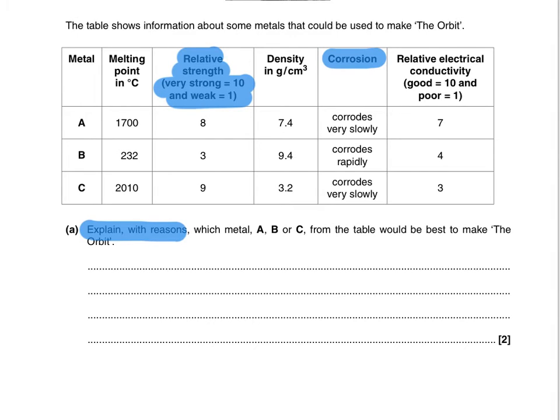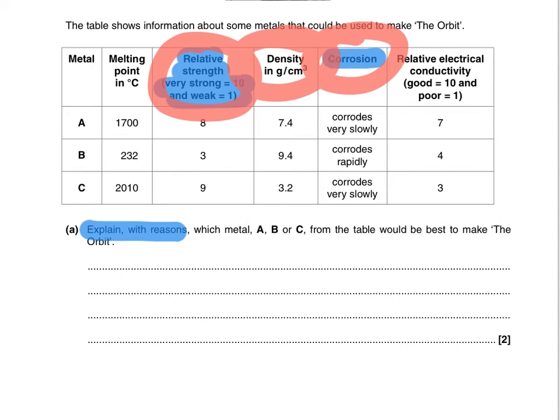So the 3 properties that we need to consider here are obviously strength, corrosion, but also density, so how heavy it is compared to the others, because the more dense it is, the heavier it's going to be, the stronger it has to be to support its own weight. So the answer is C, of course, because it is strong.